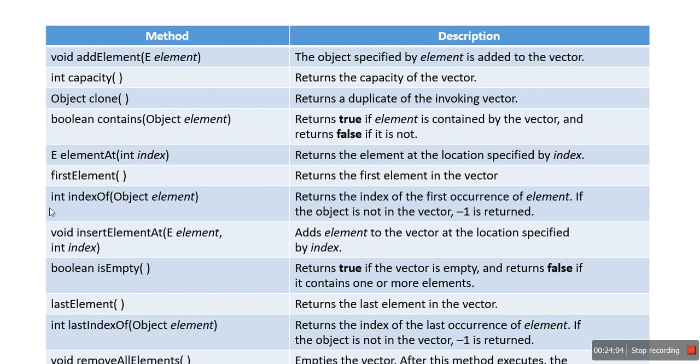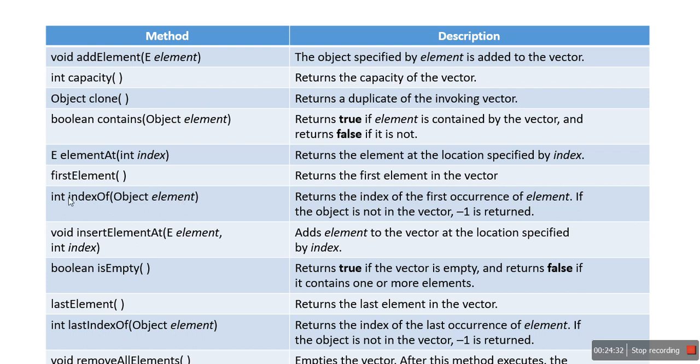Next is int indexOf(Object). Its use is that it returns the index of the first occurrence of the element. If the object is not in the vector, -1 is returned. The return type is int. We are checking the index of a particular element.